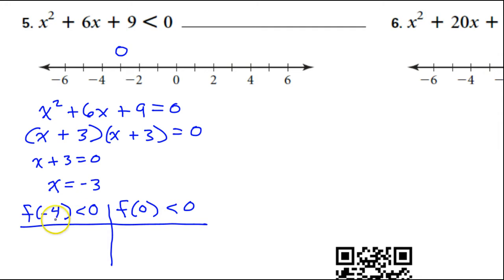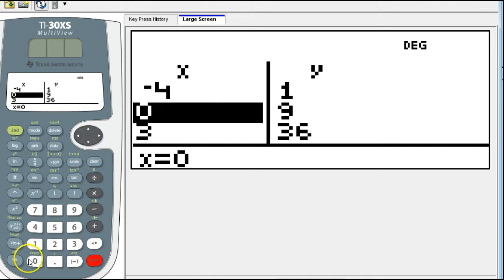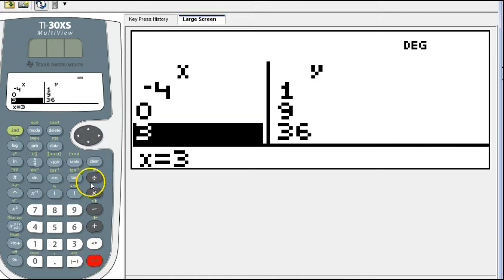Okay. Now, we are interested in the value of the function at these two values, -4 and 0. I already have -4 and 0 here, but if you didn't, you would just type in -4 and you would type in 0. Now I'm just going to delete this one because I don't need it. So these are the values that I get. At -4, the value is 1, and at 0, the value is 9.